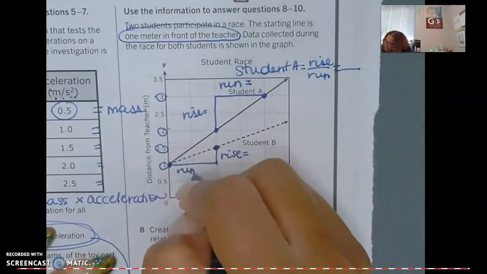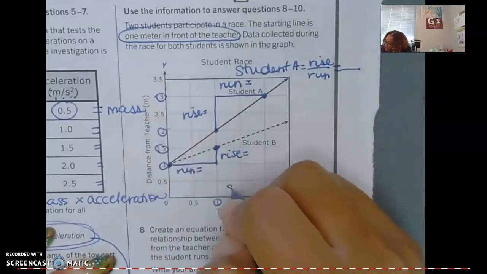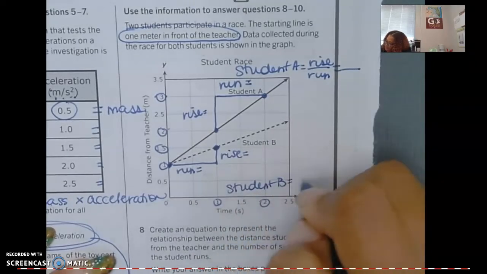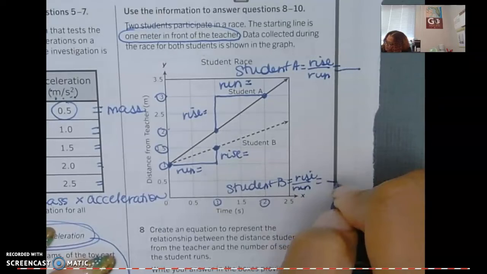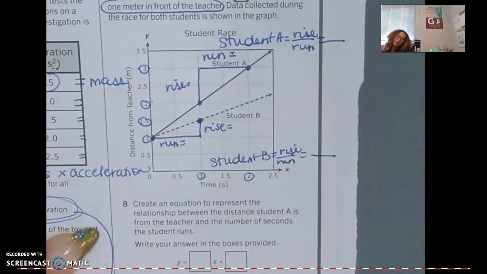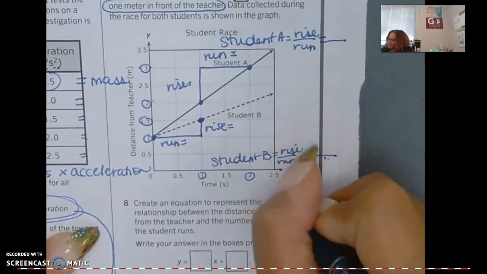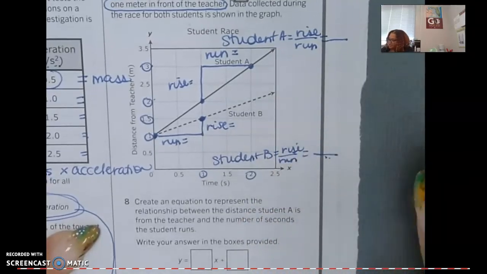How much did you run by? Then student B has a rise over run too. You need to simplify these fractions or calculate them. Put them right in your calculator, and these will be your rates of change.